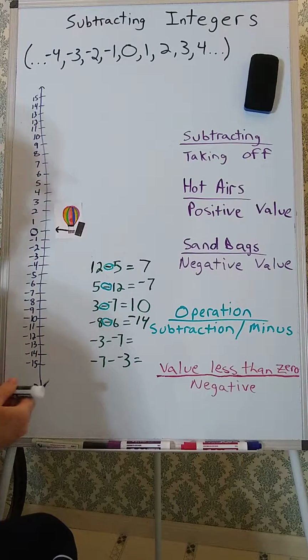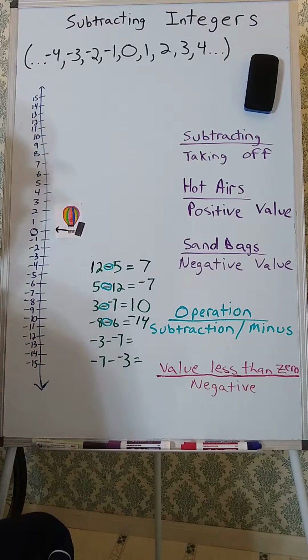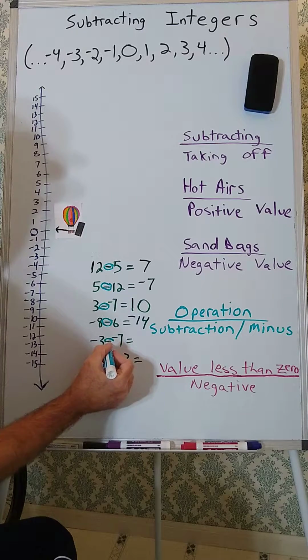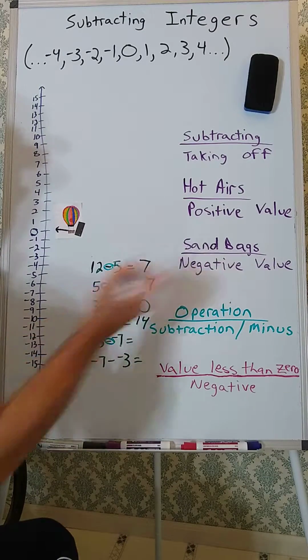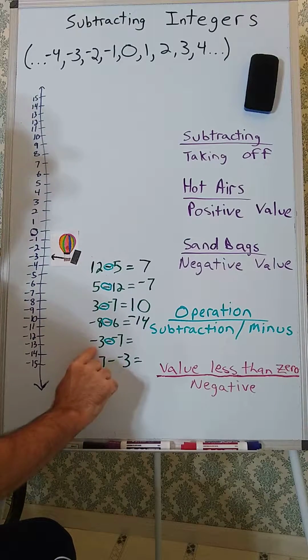Okay, next one. Negative 3 minus negative 7. The negative 3 minus, that's the operation. That says we're taking off. What comes after? A negative 7. So we're taking off sandbags. So this balloon's going to start at negative 3.